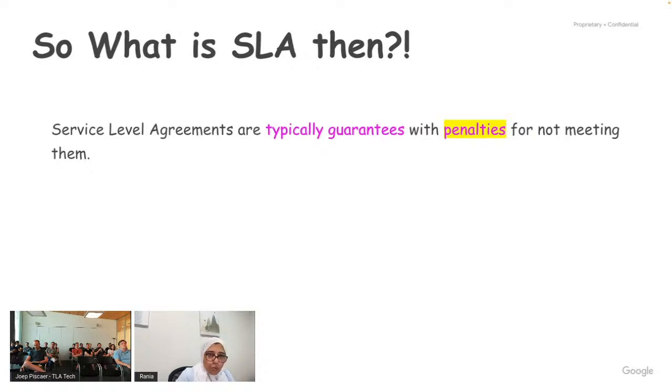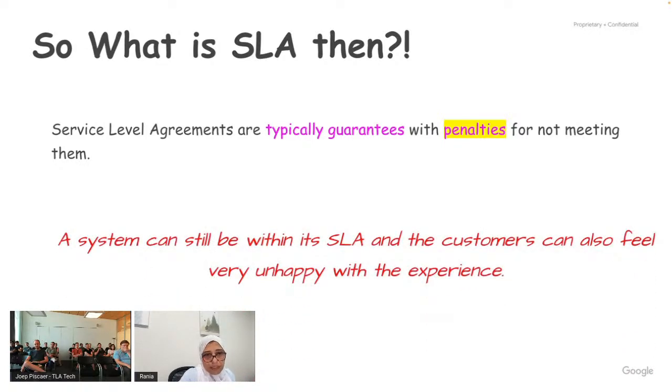So SLA is more restrictive than SLO, and SLA is published to the customers, because not meeting the SLA means that we have a bigger problem than with the SLO. The bigger question: do we mean that if we meet the SLA, the customers will be happy? No, it's not a must. Customers can be super frustrated and you still meet your own SLA.